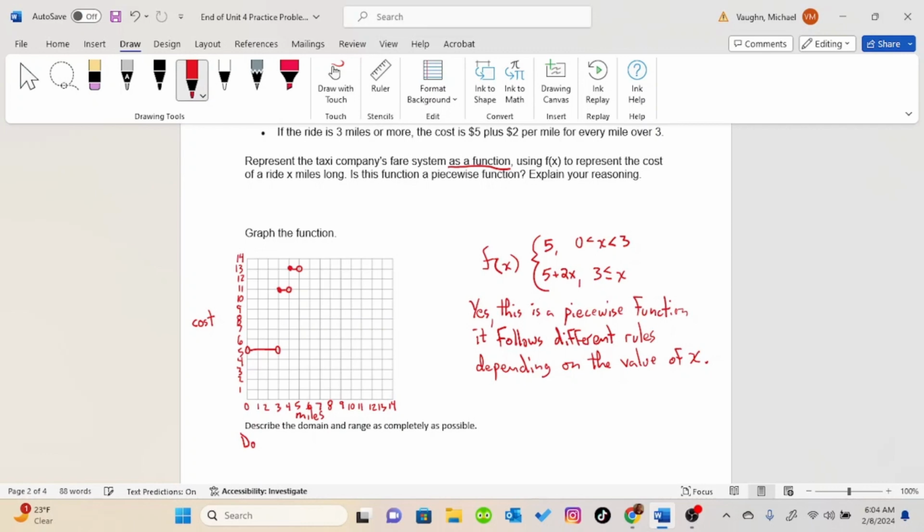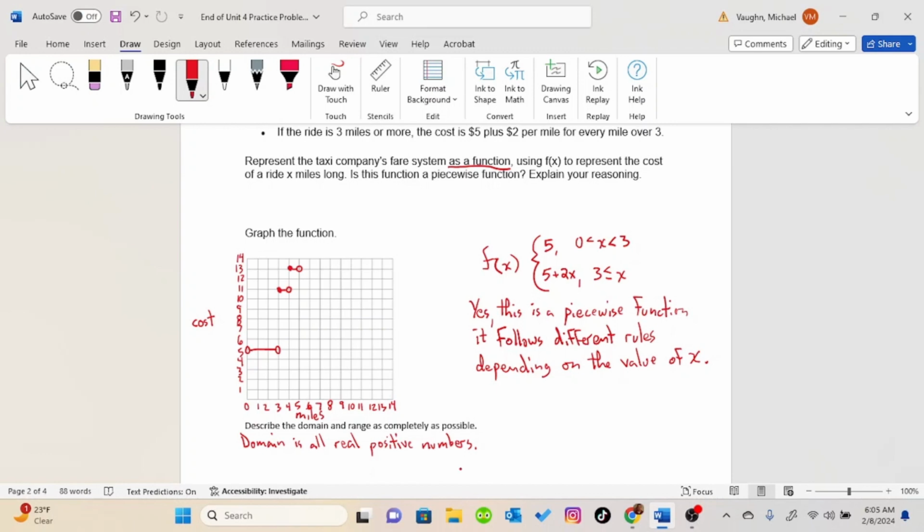So I would describe the domain is all real positive numbers. If you described it as real positive whole numbers because of the wording, I would not count that wrong on a test.